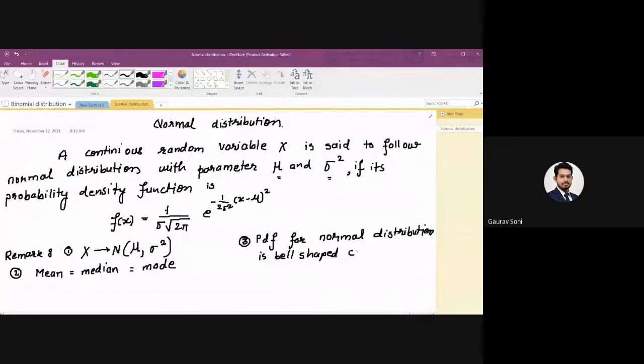What is important about the bell-shaped curve? While studying statistics, I introduced you to two concepts. One was kurtosis, the other was skewness. Does anyone remember what it was?